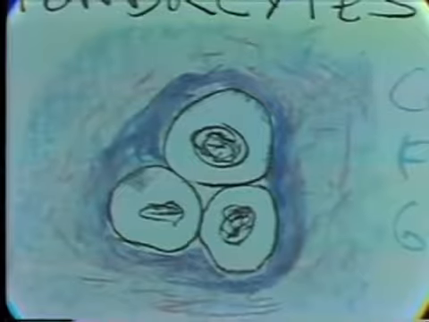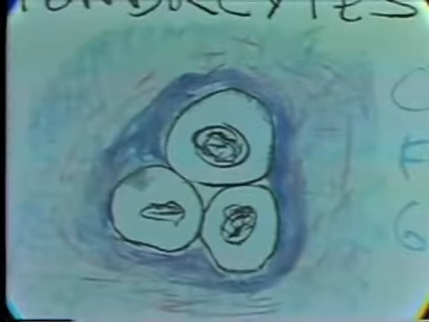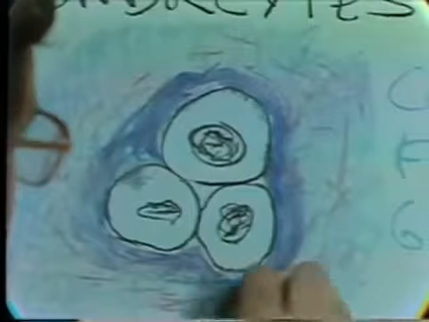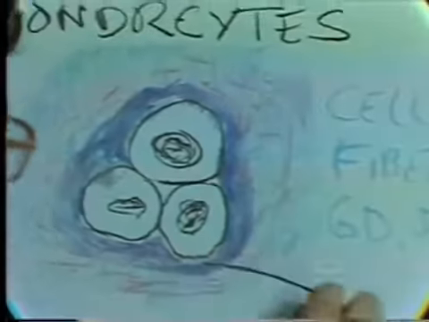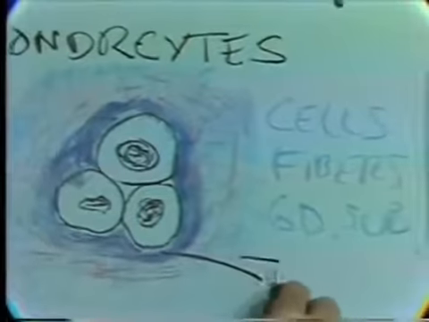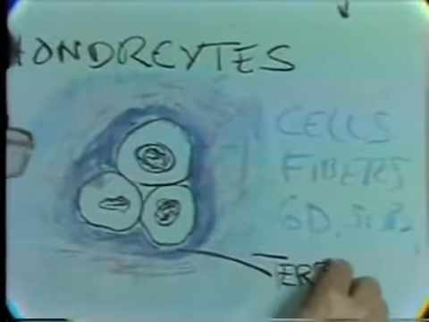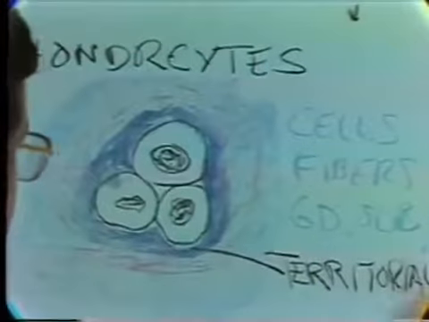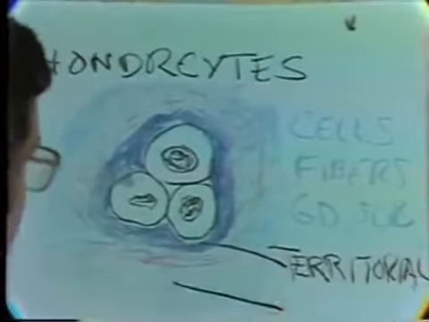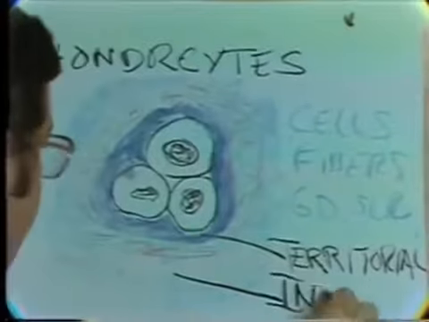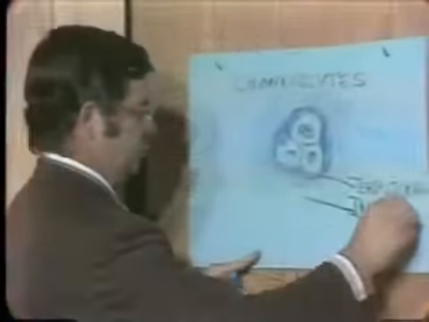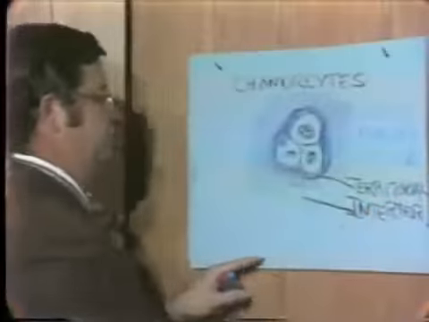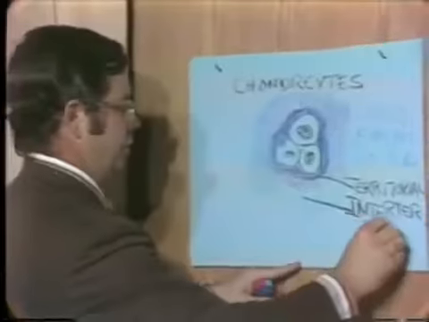Let me put some terms in here for you. This matrix right around the cells is called a territorial matrix. And that in between groups is interterritorial. That's matrix.